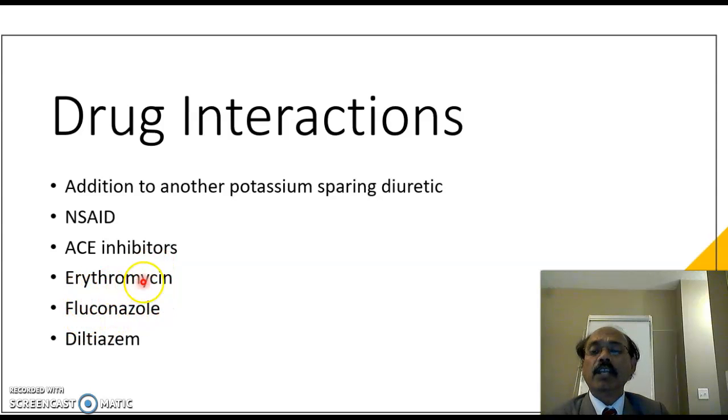Erythromycin is an antibiotic that also uses the hepatic P450 system, like fluconazole, which uses the same hepatic enzyme system. Diltiazem, a calcium channel blocker and antiarrhythmic drug, also causes drug interaction with the potassium sparing diuretics.